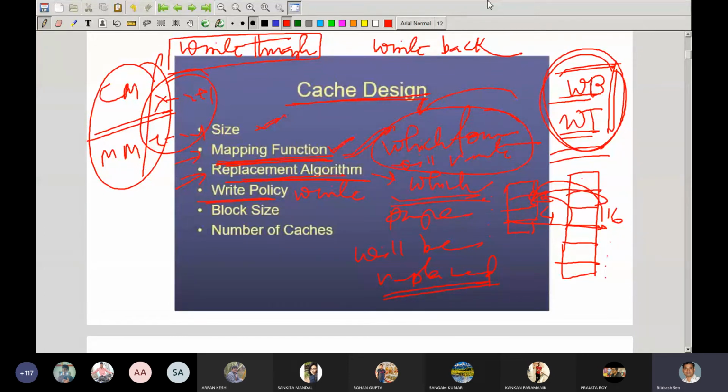Because main memory is slower than the cache memory, a huge number of latency clock cycles will be utilized.